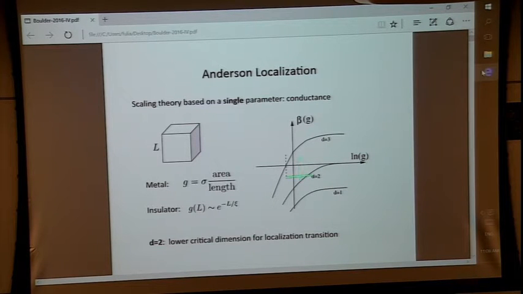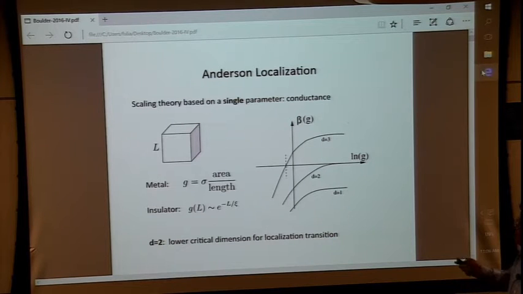Once we know how the beta function behaves in these 2 limits, in the large conductance limit it goes as d-2, which is constant, independent of the conductance, and in the localized regime the conductance goes as this, one can now extrapolate between the 2 limits.